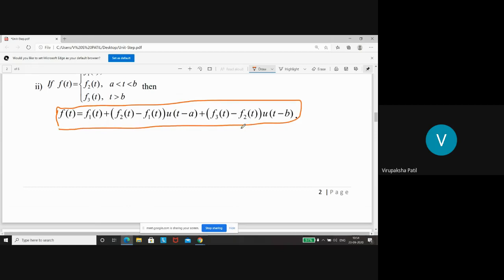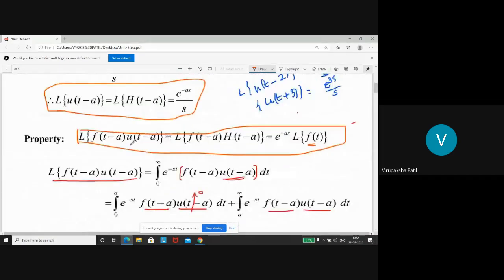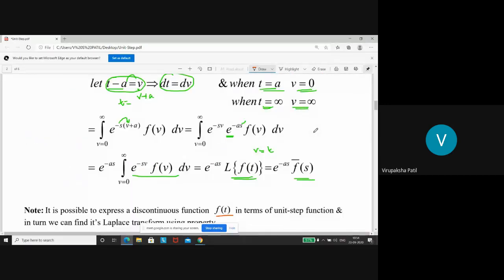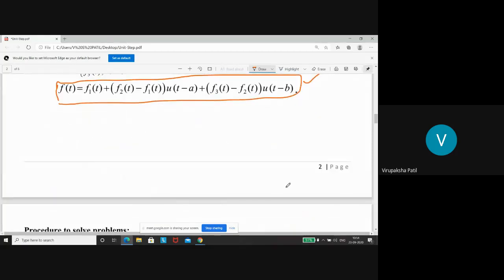We should remember this result, and how to express a discontinuous function in terms of the unit step function. Depending on these four quantities, we are going to take some examples.